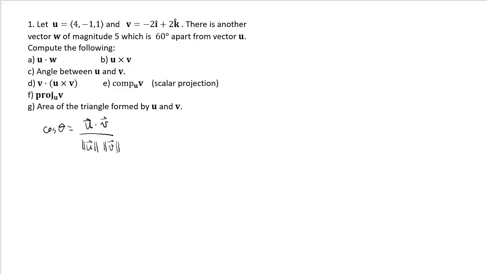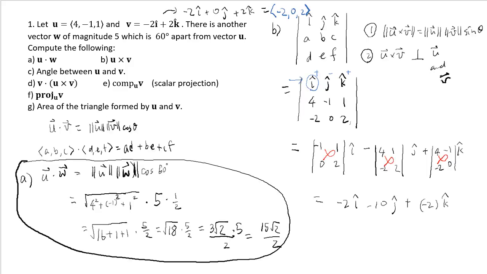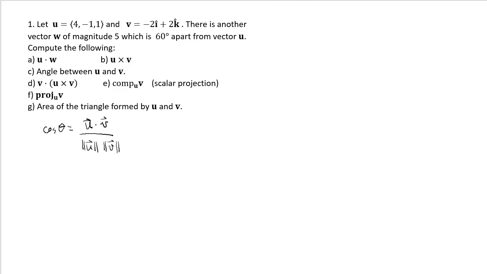You may notice that this is really the previous formula right here. If you take this formula and solve for cosine theta, then this goes to the other side, and you get exactly this formula here.